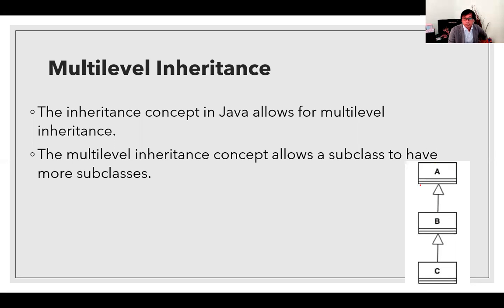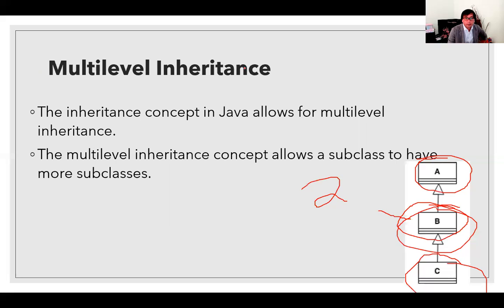So class A is a parent of a class B. Class B is also a parent of a class C. It means that class B has two different roles, where the class B is a child of a class A, and is also a parent of a class C. This is the meaning of the multi-level inheritance.